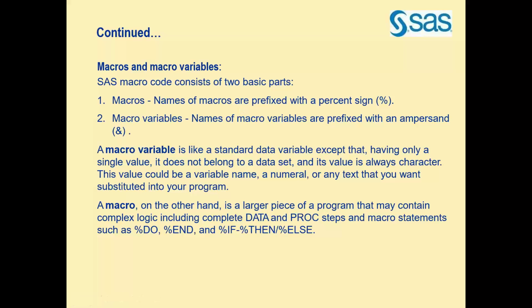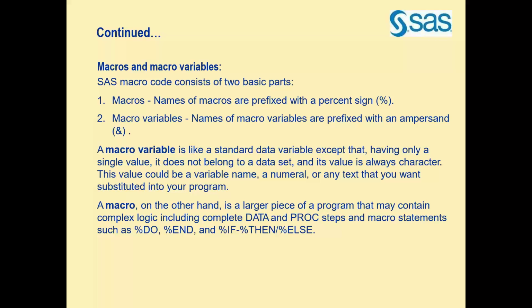So in SAS we have two things, right? One is a macro program and another is a macro variable, right? So when we say macro program, or generally call it a macro, the name of a macro is prefixed with a percent symbol, right?